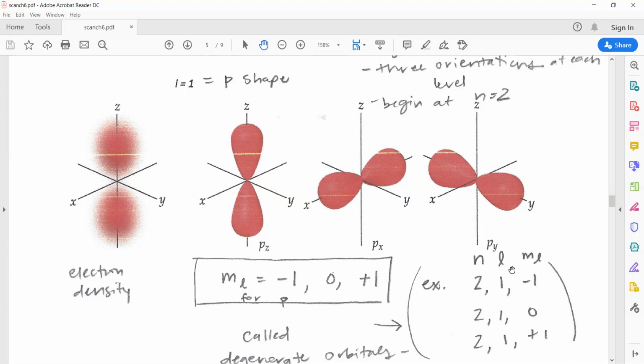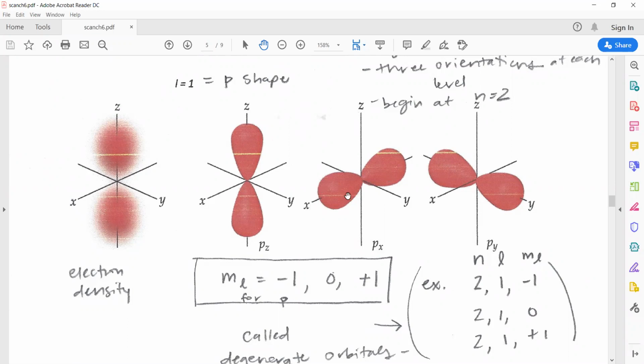Let me try to see if this helps. If I list 3 orbitals here, let's kind of decode them. 2 means I'm at energy level 2. The azimuthal number tells me the shape. And remember, 0 means S and 1 means P. So far I know I'm at energy level 2, and I'm a P-shaped orbital. Well, at that level, there are 3 P orbitals available, right?